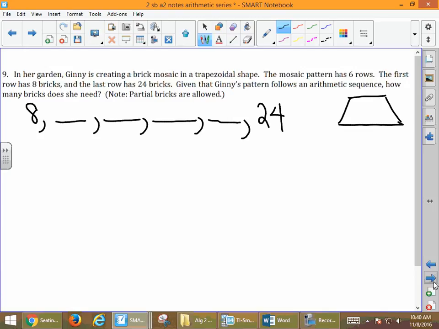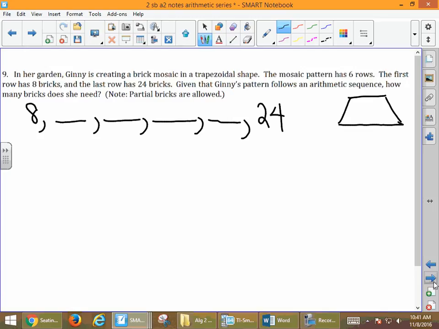Can we figure out the common difference with this information? Like we did yesterday, we added 8 plus 24 and divided by 2. People are shaking their head no, because we have 2 values here. We don't have an exact middle term like we had yesterday.